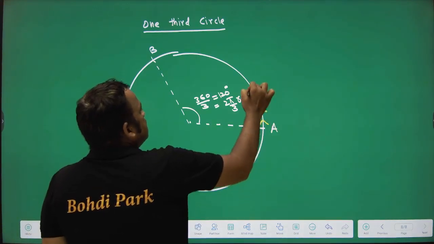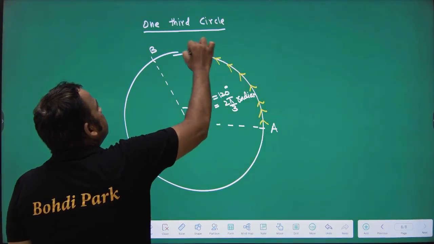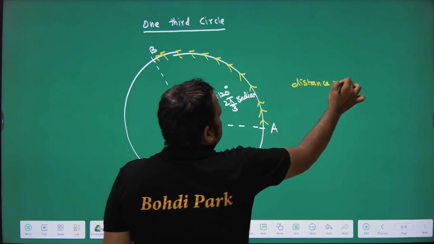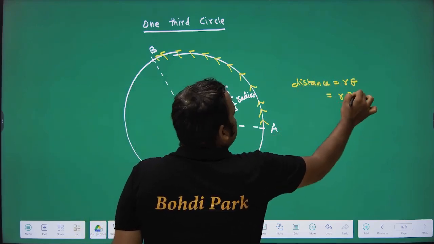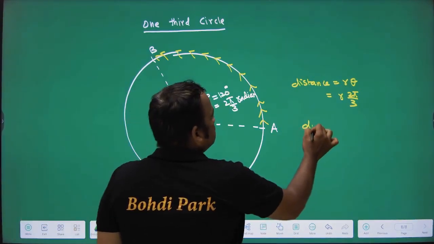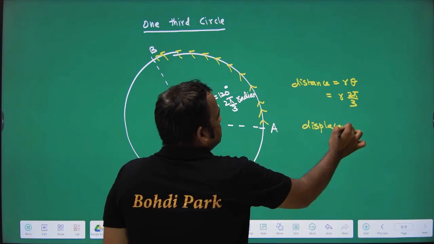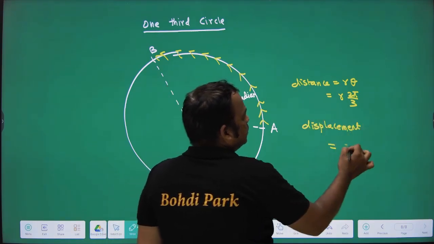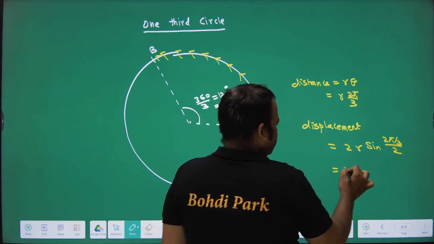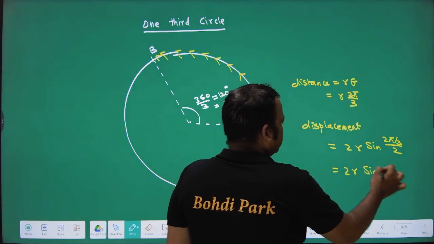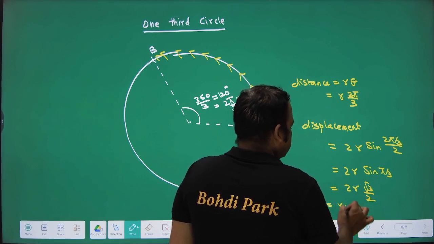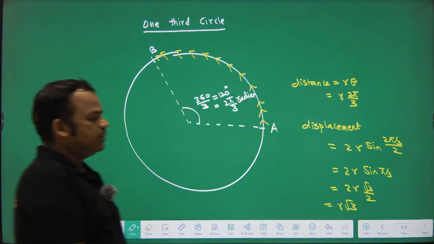So the distance covered can be calculated using the direct formula, r theta, so r into 2 pi by 3. Displacement is equal to 2r sine of 2 pi by 3 by 2, so that is 2r sine pi by 3, that is 2r into root 3 by 2. So that is r root 3. Displacement is r root 3.